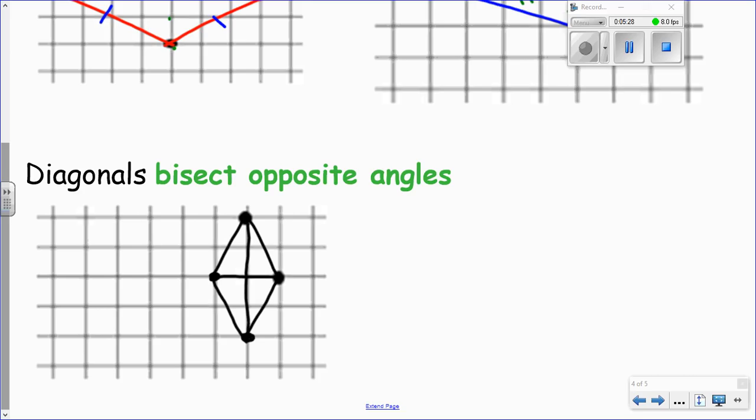Okay. And what we're saying is the diagonals actually bisect opposite angles. So that means these two are congruent because the diagonal bisected that angle. And here, those are congruent, as well as the other bisects these opposite angles. Which is different than just a parallelogram where the diagonals bisect each other, but they don't necessarily have to bisect the opposite angles, but in a rhombus they do.